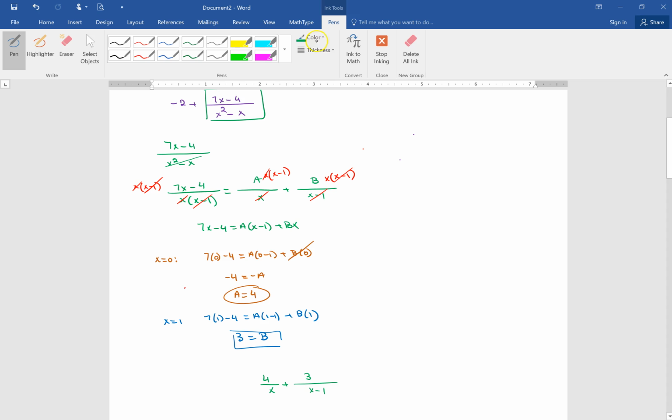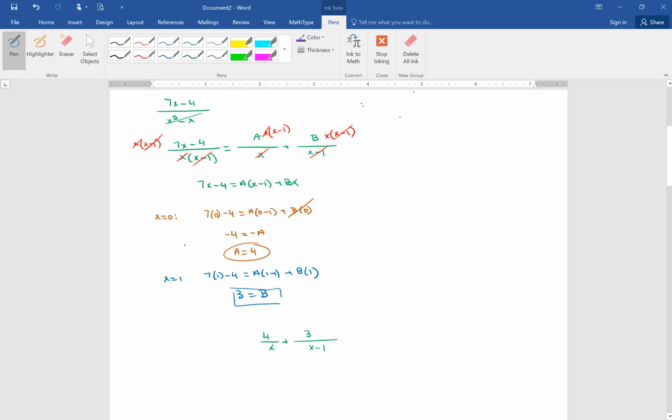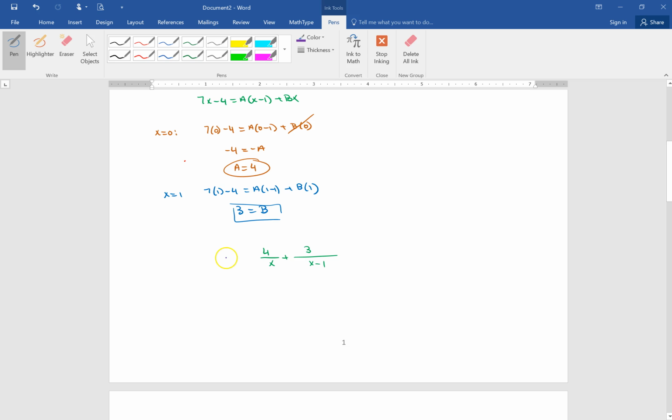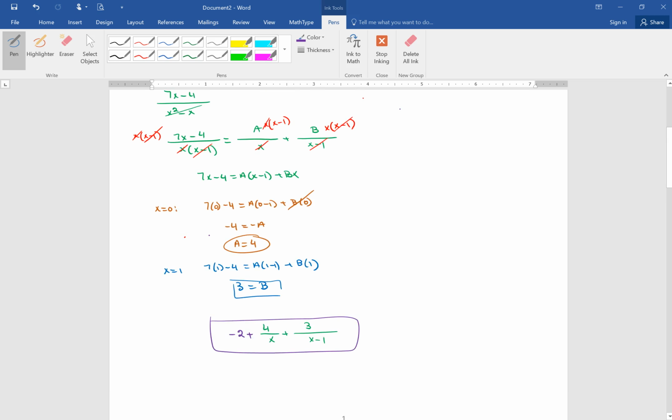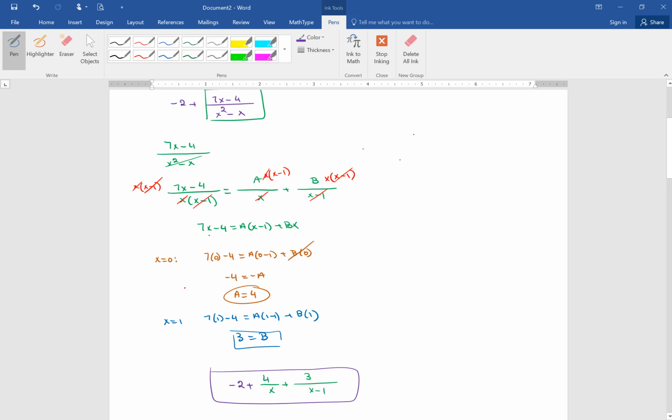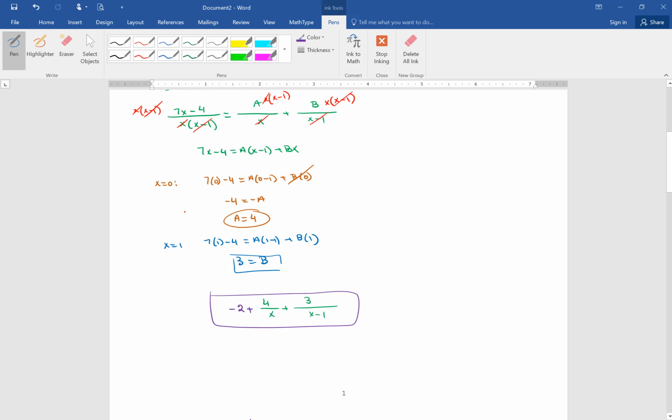I just tack that on at the very end of the problem, but at the beginning of the solution. So it's negative 2 plus all of that. And that is my final answer. So you have to have that negative 2 there. You have to do the long division.